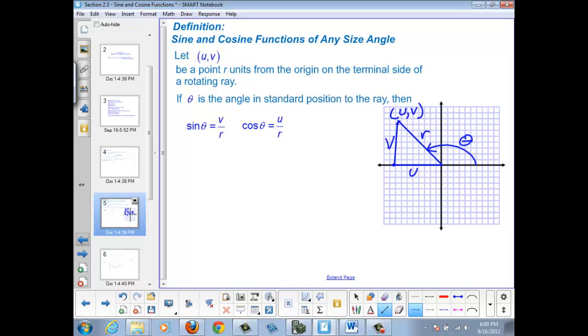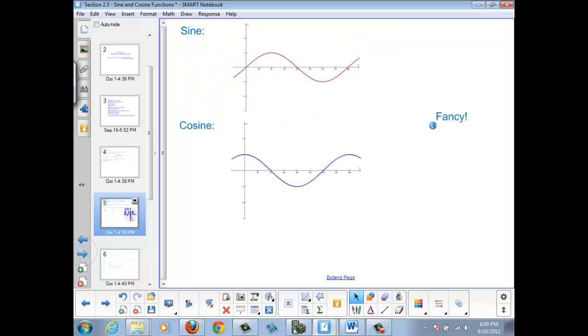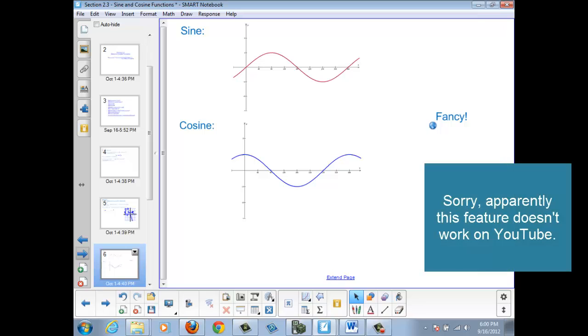If we rotate r around the origin, you can see that our horizontal distance and our vertical distance will change even if r remains constant. If we track that, we'll see graphs that are created that look like this. If you click on each of these graphs, you can see them being created on a website that I found.